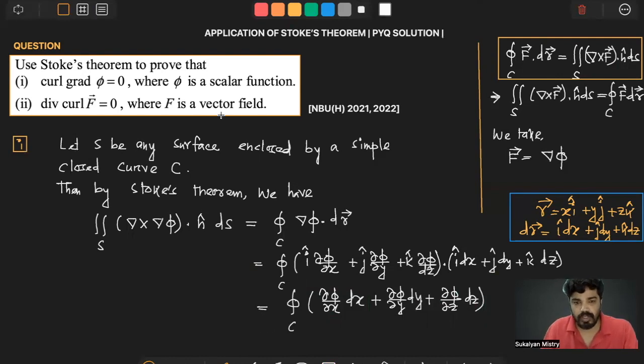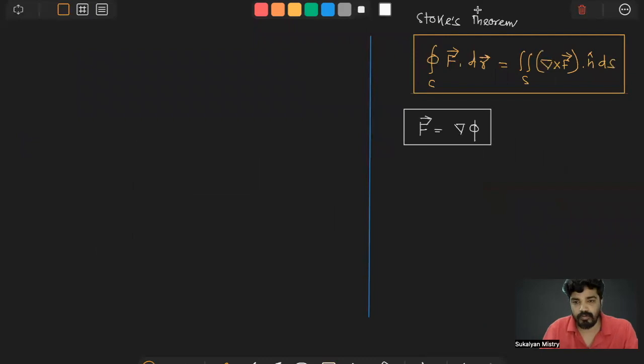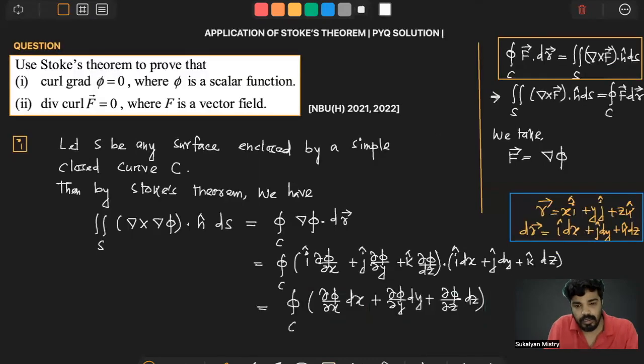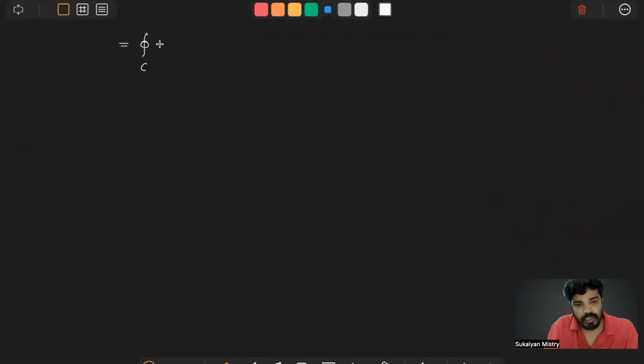So that is equal to integration over C of d phi. What is C? C is the closed curve.